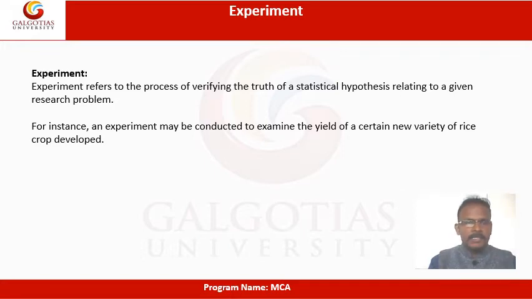Experimental research or practical-oriented research is a process of verifying the statistical hypothesis relating to a given research problem. Every experimental research or practical research must be conducted by examination.